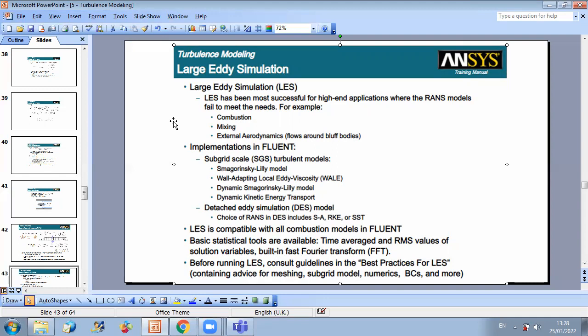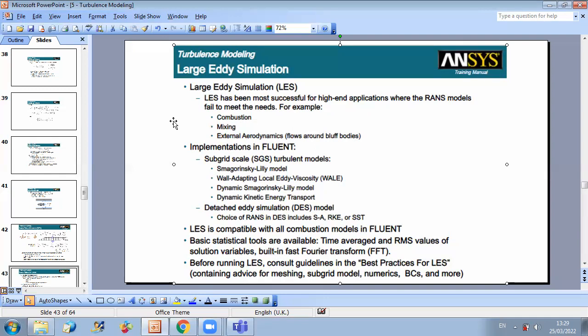Also, you can introduce new subgrid scale models that are specific to model regions of small scales, for example, the wall-adapting local eddy viscosity model or the dynamic kinetic energy transport model.